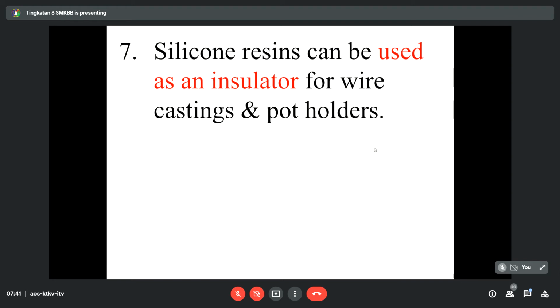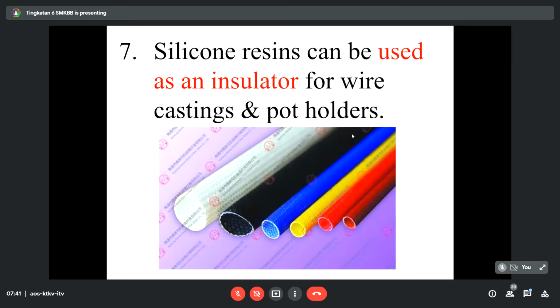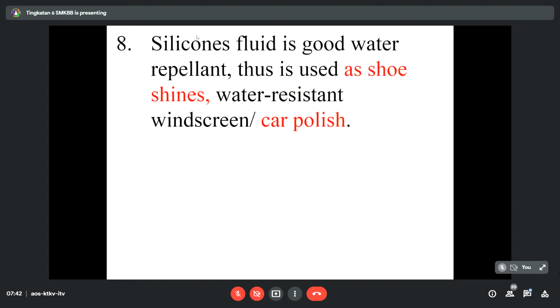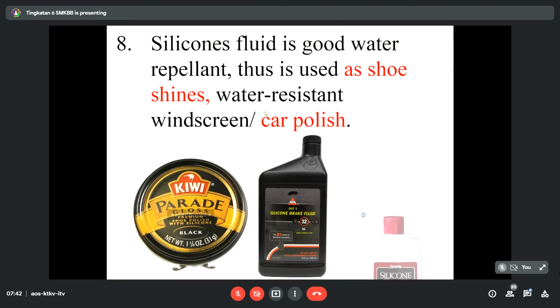Now, silicone resins, of course, normally can be used as an insulator, for wire castings, for pot holders. It can be silicone. And of course, since it's waterproof, silicone fluids also can be shoe shines, car polish, because it won't wash away by water, isn't it?